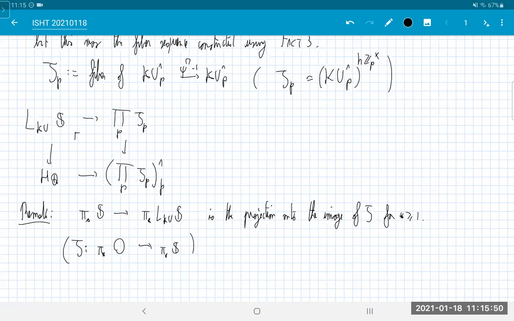So that's why this L_KU S spectrum is sometimes also called the non-connective image of J spectrum. And that's also why these are the p-complete image of J spectra. That's why they're called J_p.